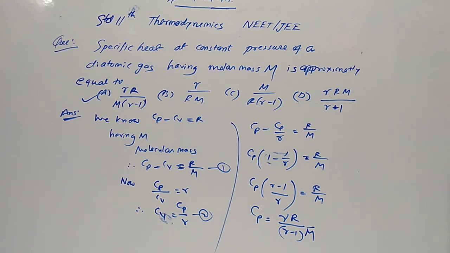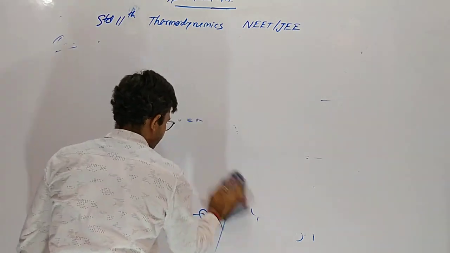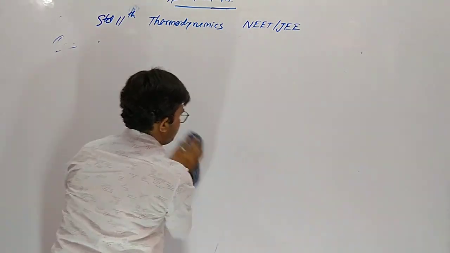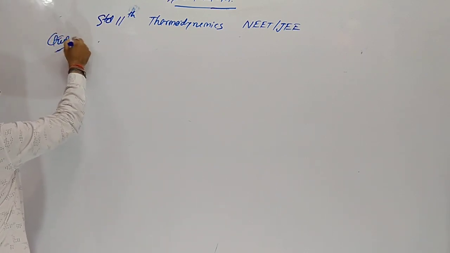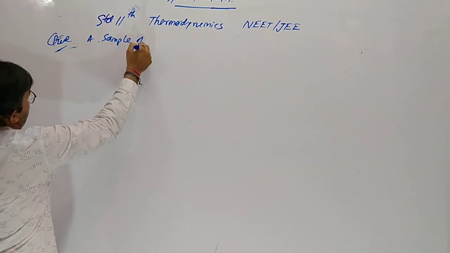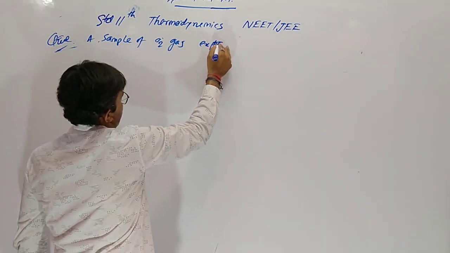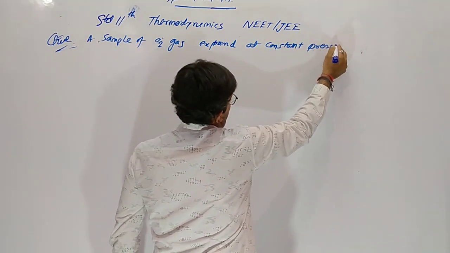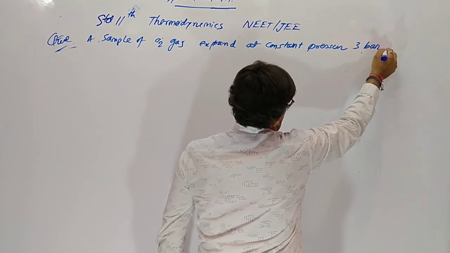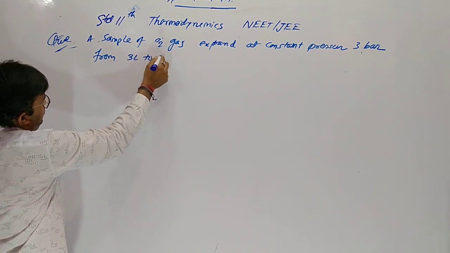A sample of oxygen gas expands at a constant pressure of 3 bar from 3 liter to 5 liter.